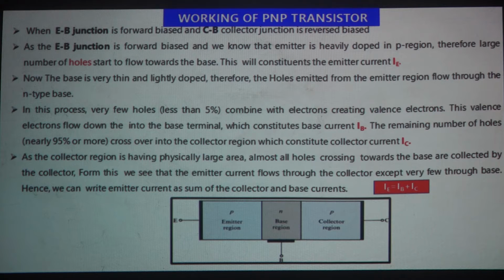The remaining holes, nearly 95%, because holes are the majority charge carriers, cross over into the collector region, which constitutes the collector current IC. That means the remaining holes cross the boundary of the base and enter the collector region, and that constitutes the collector current IC.